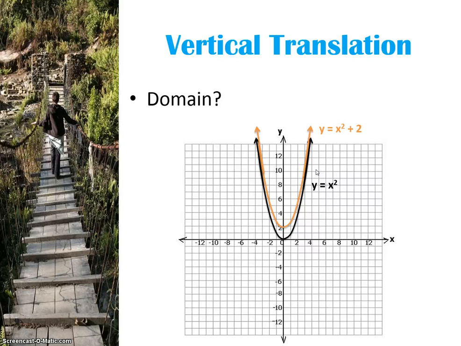The domain for the black is going to be all real numbers, because since it goes up and up forever and it gets wider and wider, you'll always have a point on the graph that has an x value. The range, however, looks like the graph only goes up forever and doesn't go down past 0.